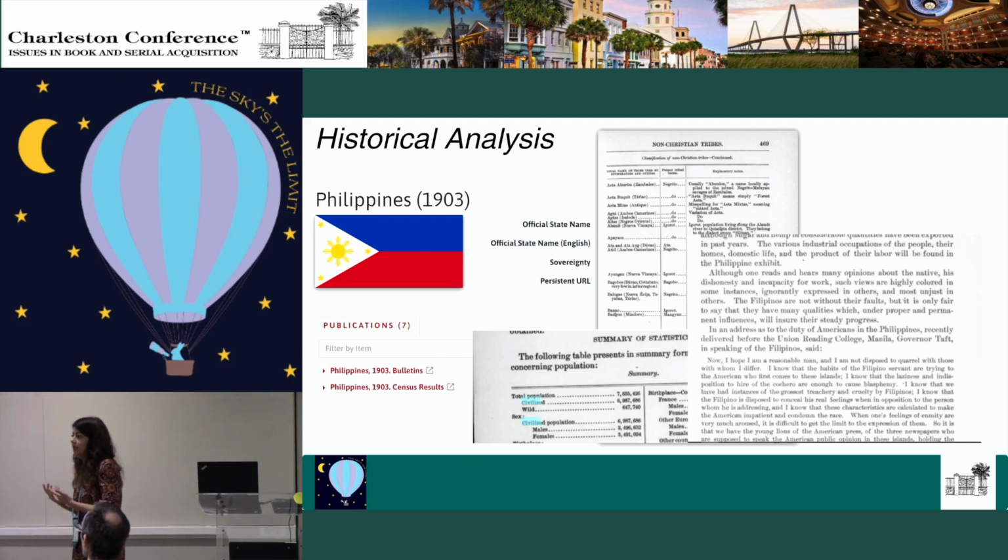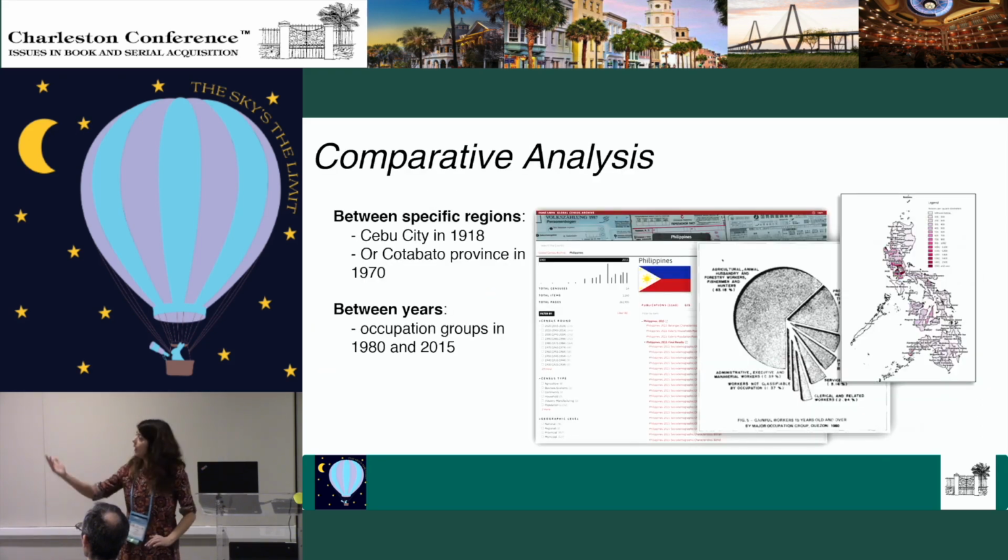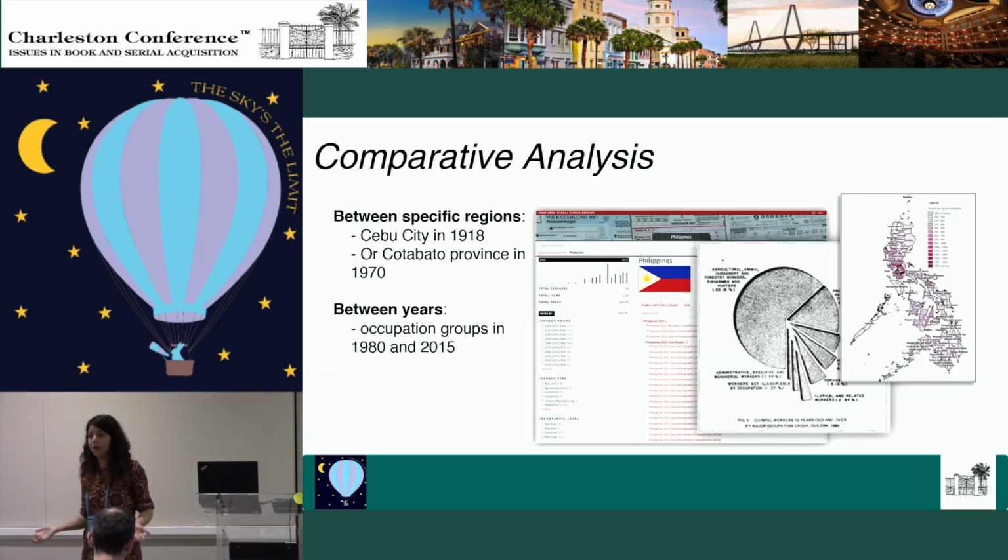So it is an incredible historic document that explains what the aims were in conducting a population census and what the context was. Like I said, the results, the number of people, is one thing, but the underlying ideology in conducting the censuses really comes alive when you have all the publications that surround a census. And again, you can do a comparative analysis.